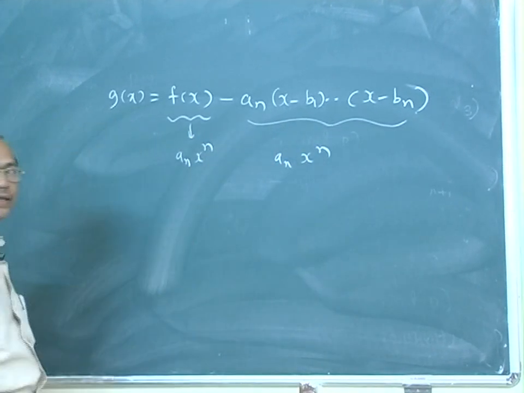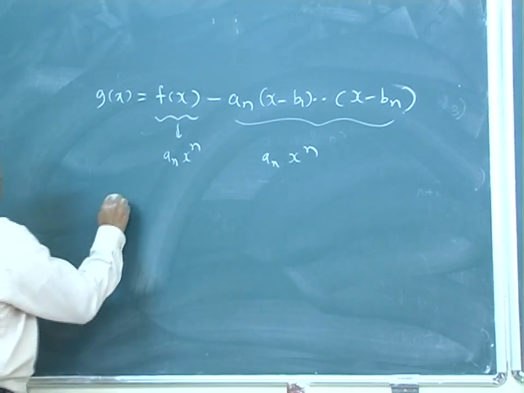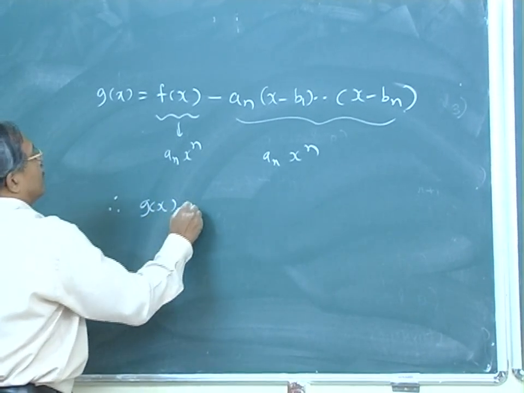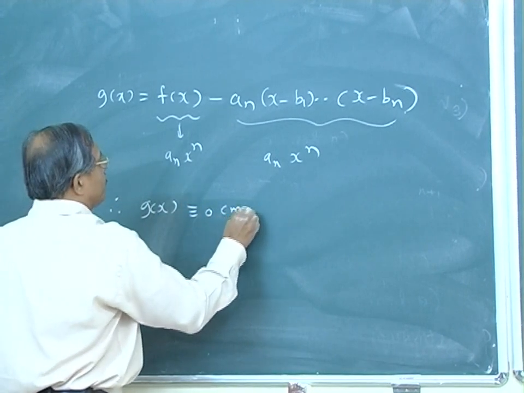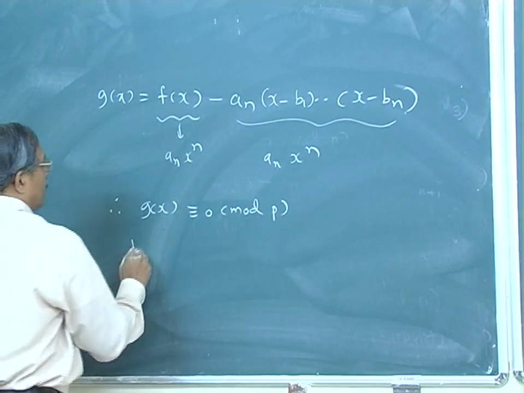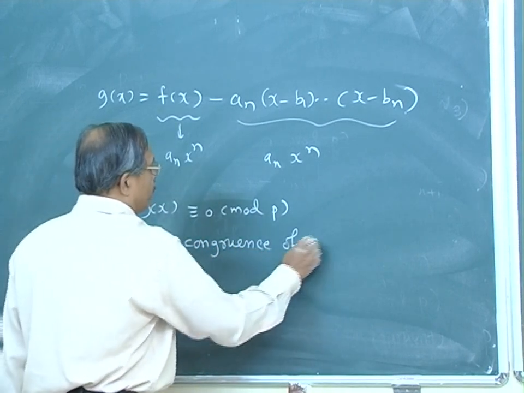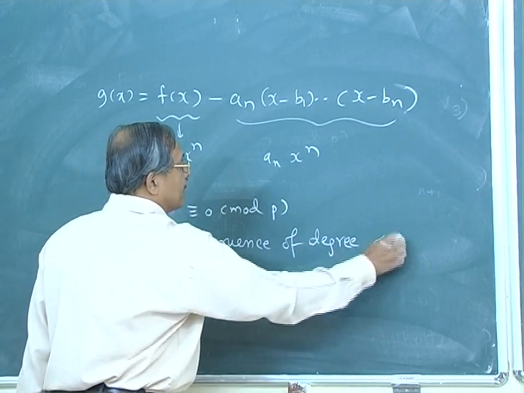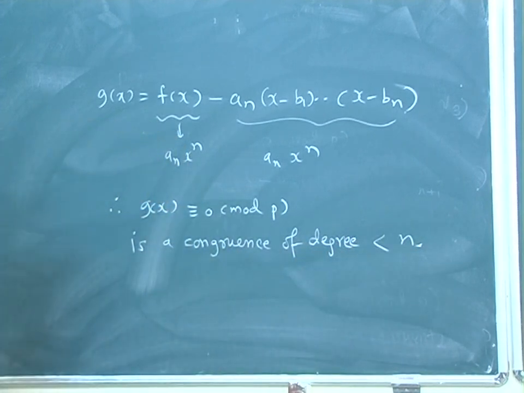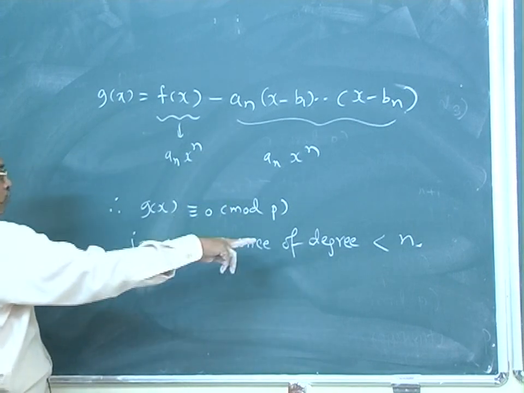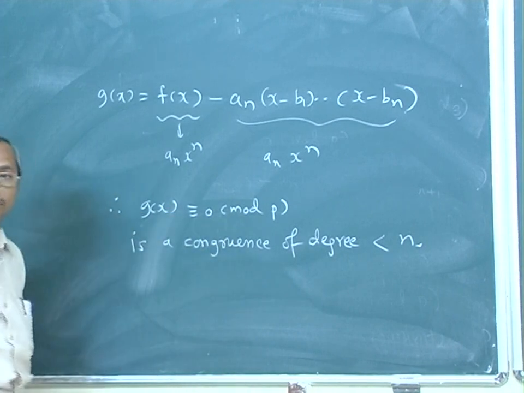These get cancelled, and therefore g(x) congruent to 0 mod p is a congruence of degree less than n. It has some degree because at least one of the coefficients of g(x) is not congruent to 0 mod p. What is the degree? Degree is less than n because the leading term gets cancelled. And therefore this congruence by the induction assumption should have how many solutions? At most n minus 1.